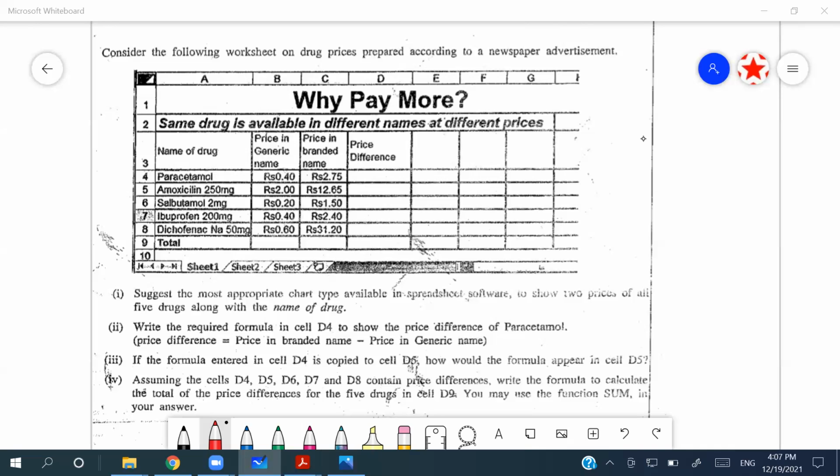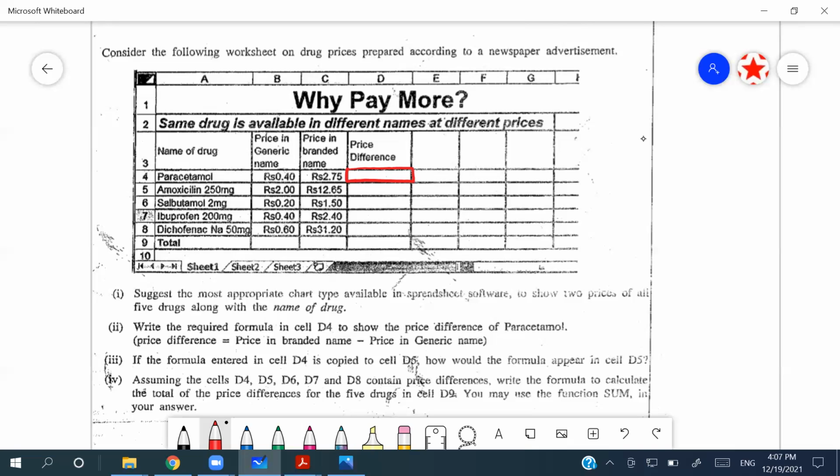And then the second one says, write the required formula in cell D4 to show the price difference of paracetamol. D4 means here. How are we going to write the price difference? The price difference is price in branded name minus price in generic name. They are not saying that this is going to be copied.